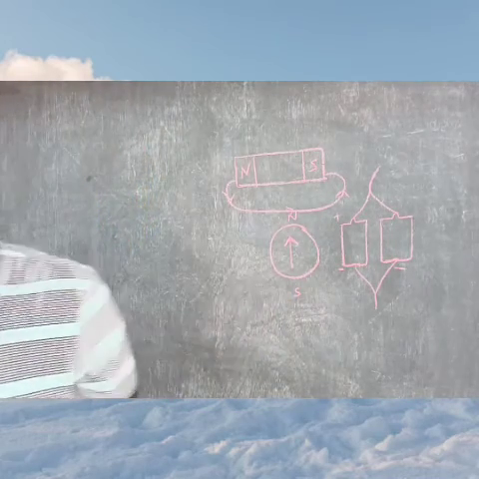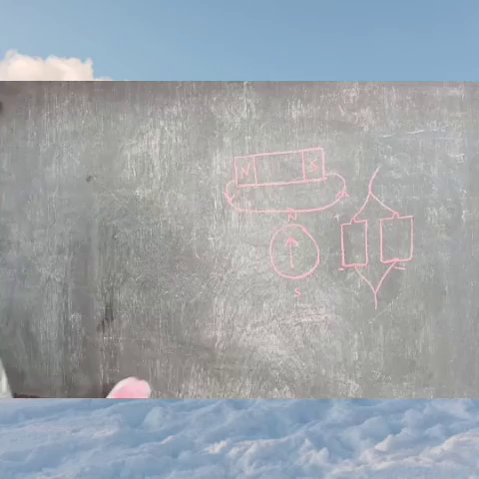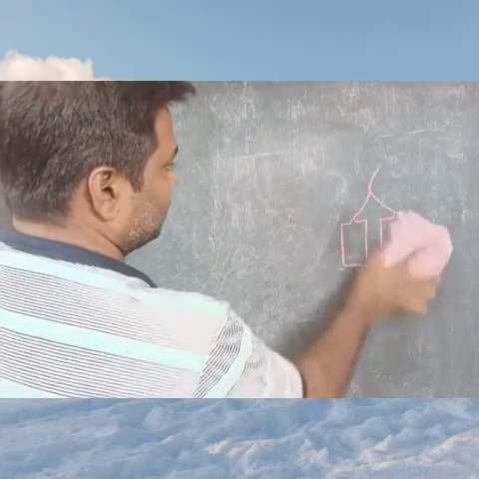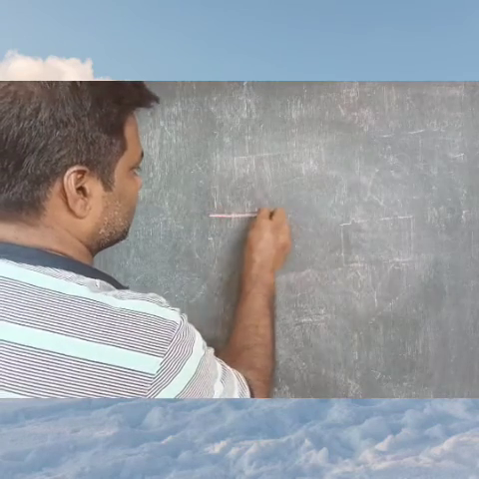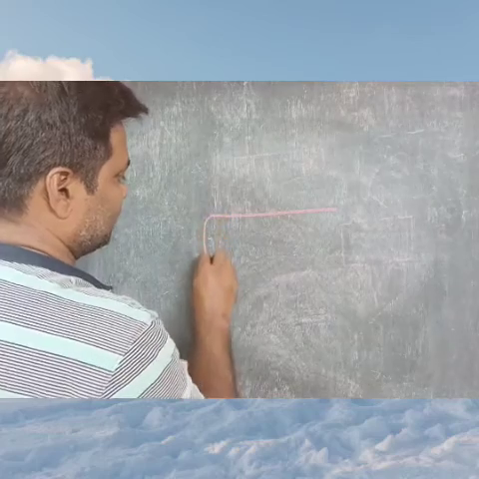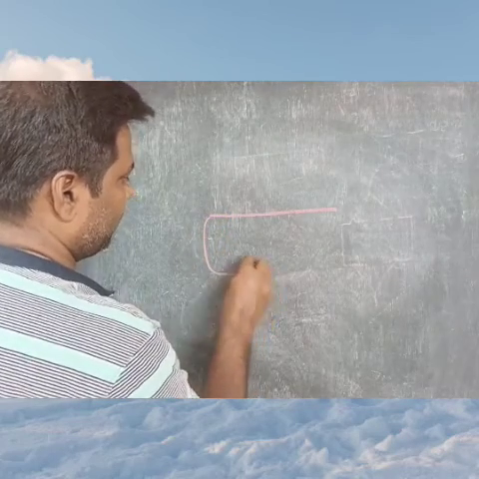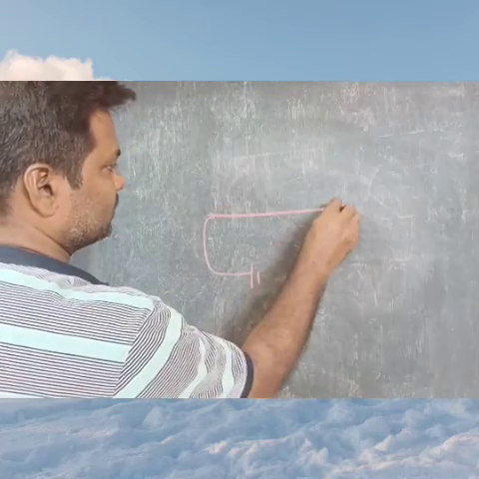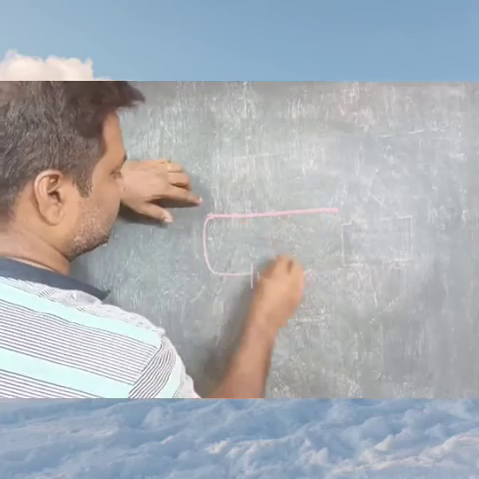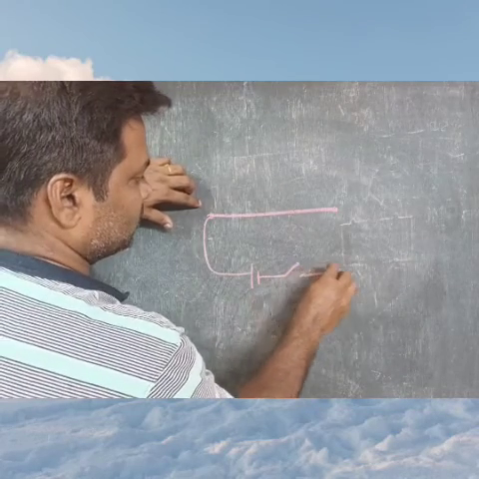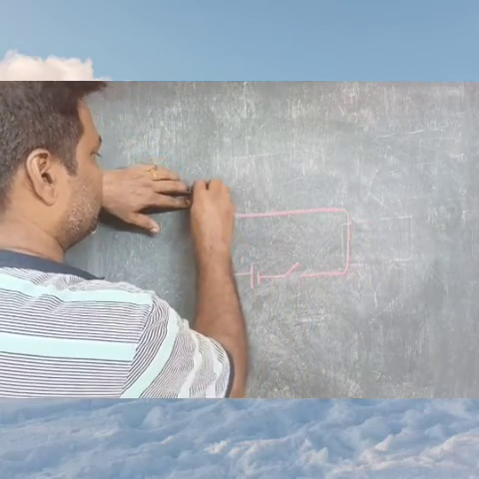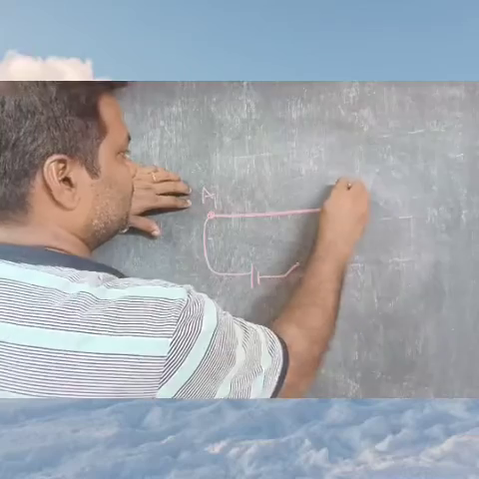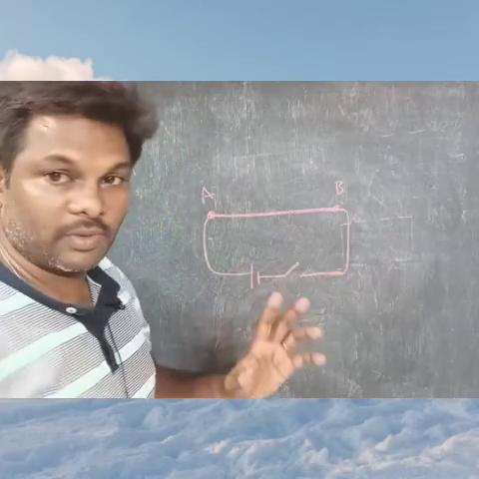The same thing you can observe when a current passes through a conductor. Suppose I am taking a conductor here. Let the current pass through this conductor. Here I can take the switch and the circuit is completed. From A to B it is a conductor, and this is made of soft iron.